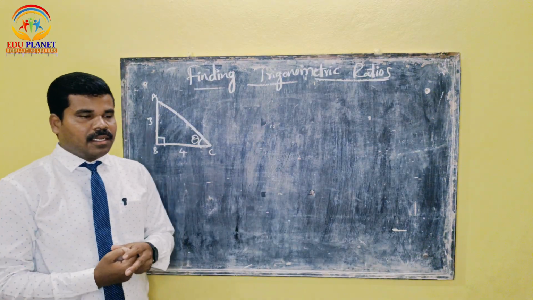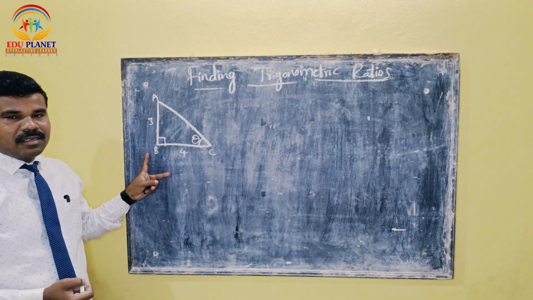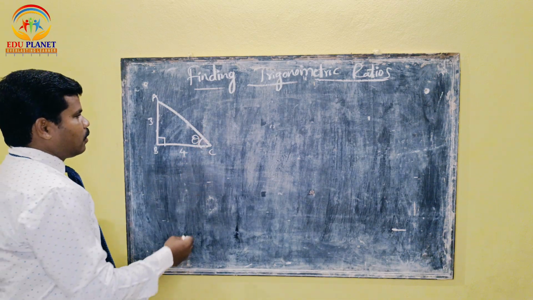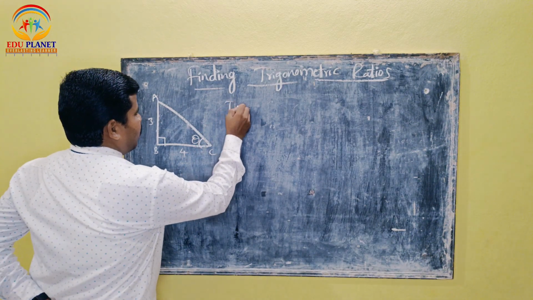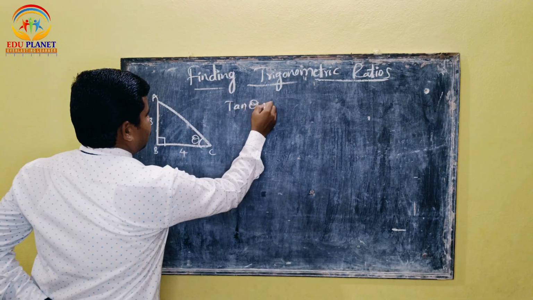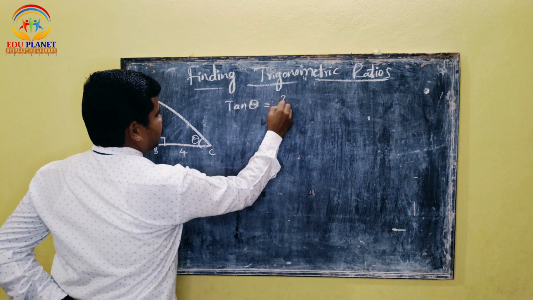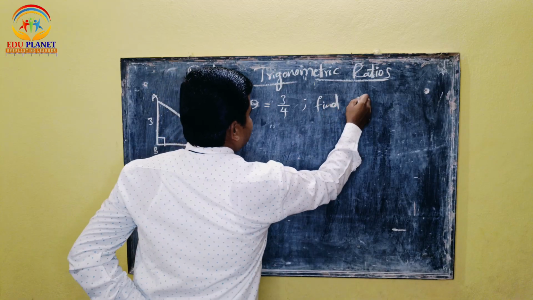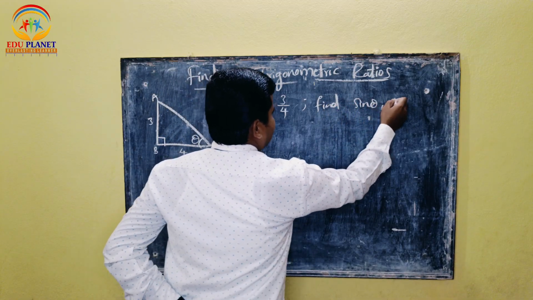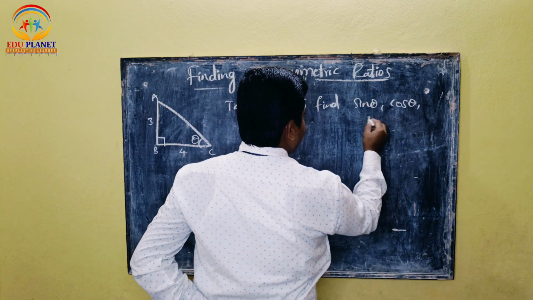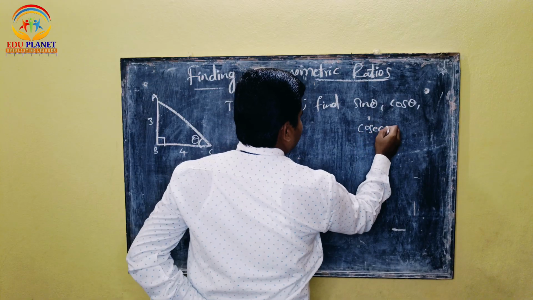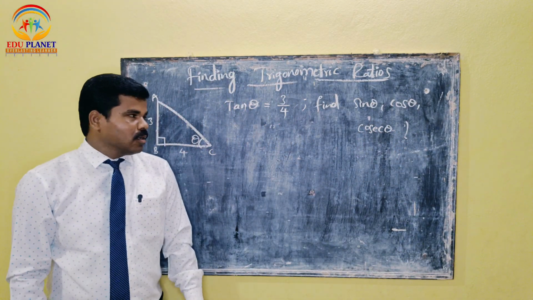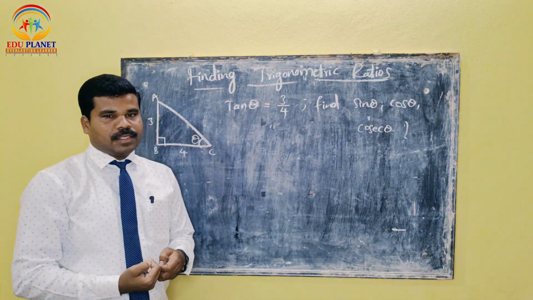In this right triangle, two sides are given and one side is not given, and one crucial piece of information is provided: if tan theta equals 3 by 4, then find sin theta, cos theta, and cosec theta. These three ratios we have to find. Now we will see how to solve it.